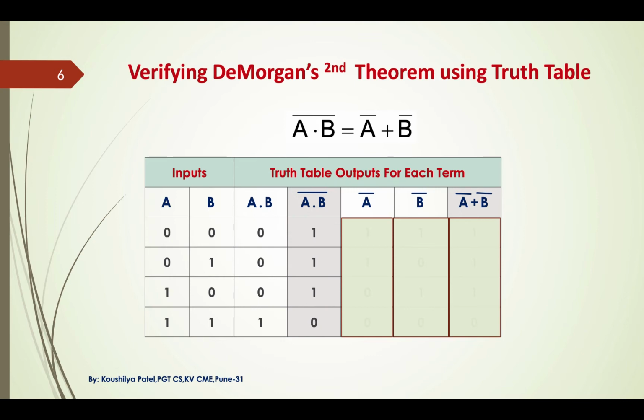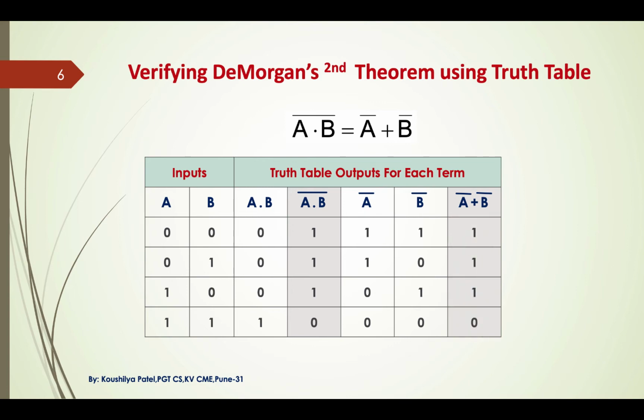Now finding the A complement will be 1, 1, 0, 0. B complement will be 1, 0, 1, 0. Now A complement plus B complement. So 1 plus 1 is 1. 1 plus 0 is again 1 and 0 plus 1 is 1, whereas 0 plus 0 equals 0.